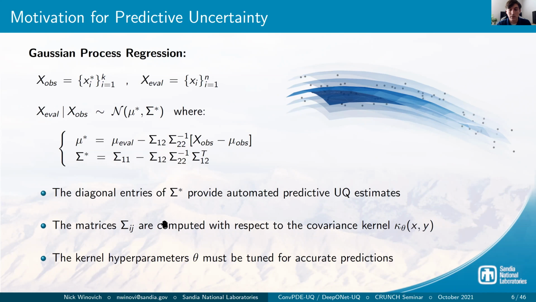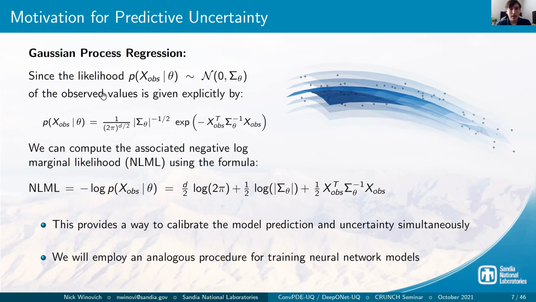So we have this updating procedure, and the way that we can tune our model, or actually perform regression, is effectively to calibrate the model parameters theta by minimizing the negative log marginal likelihood. The benefit of this is that we have a way to calibrate both the model prediction and the uncertainty effectively simultaneously.